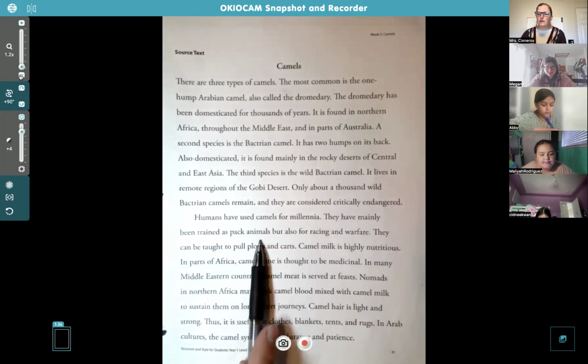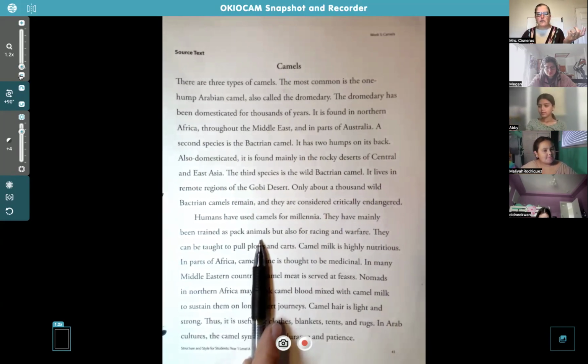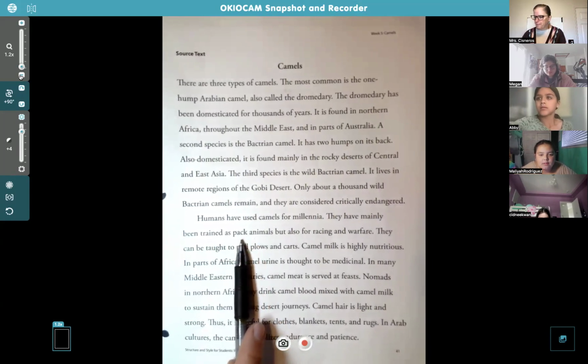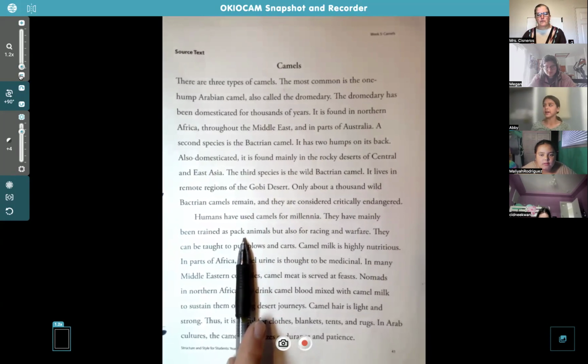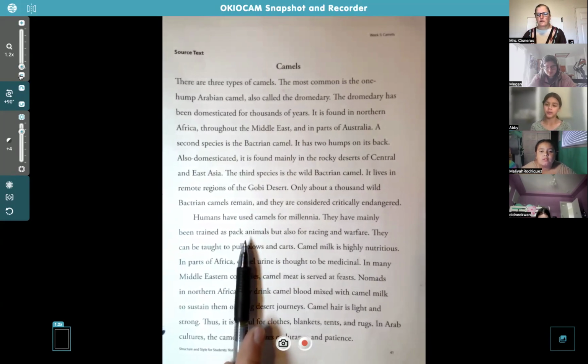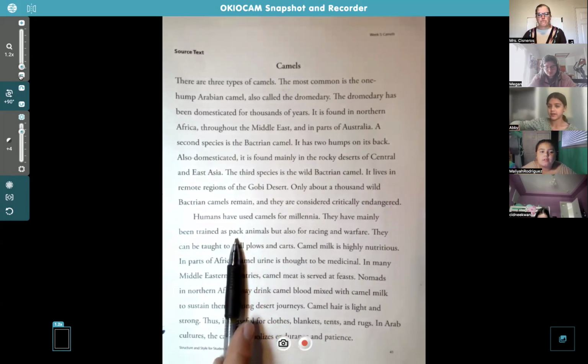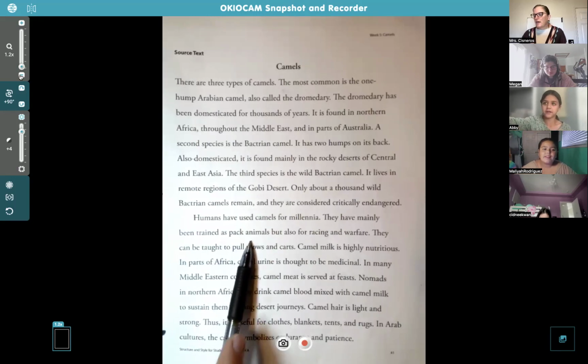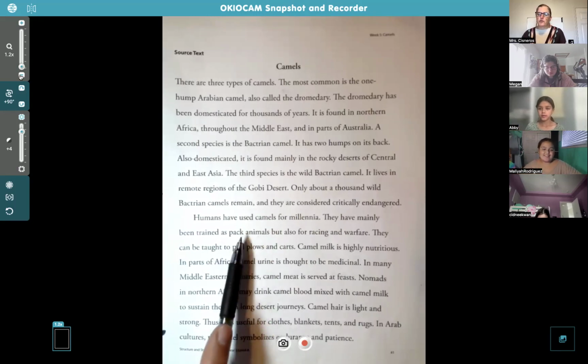And then it says pack animals. Do you guys know what a pack animal is? You ever heard that before? What does it mean, a pack animal? Go ahead, Abby. It means like they travel in a group and there are a ton in one area and they just stay together. That is one definition of pack animals. You're right about that.